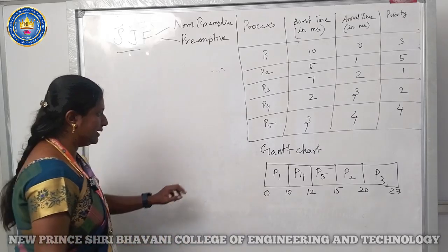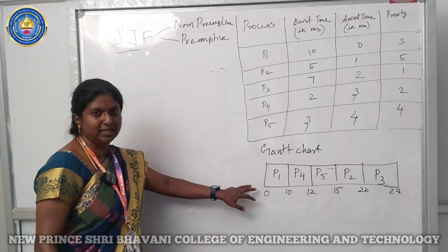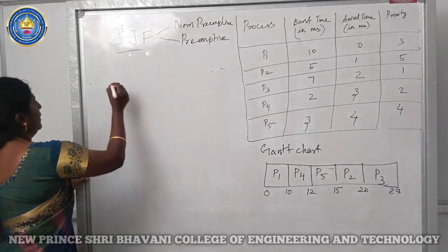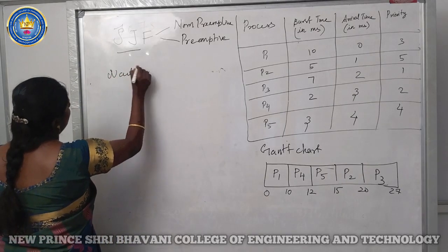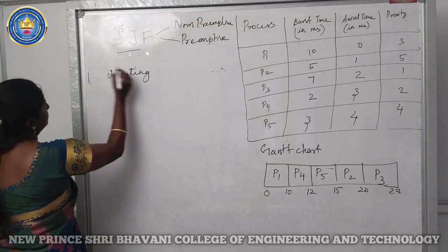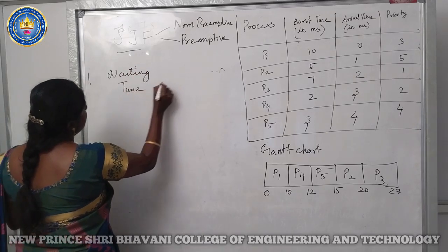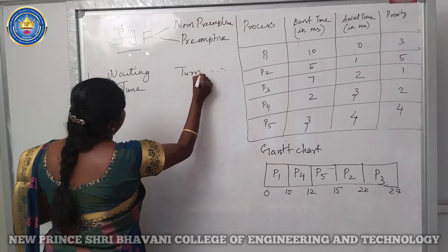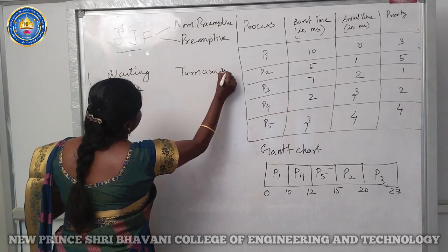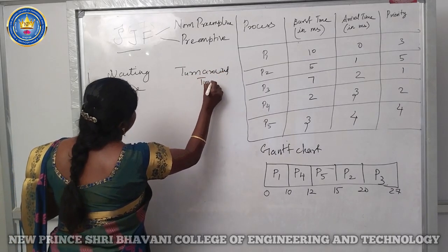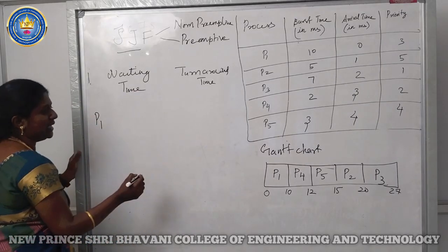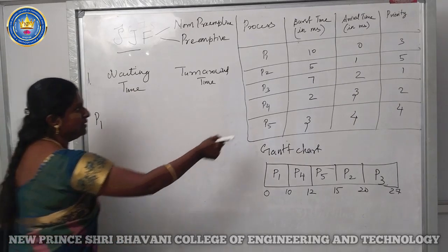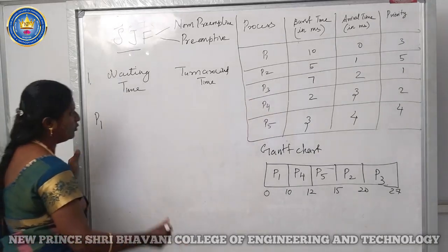In this way we have to schedule shortest job first. And then, as in first come first serve, we have to calculate the waiting time and turnaround time. For process P1, there is no waiting time, because it entered at the 0 millisecond only.